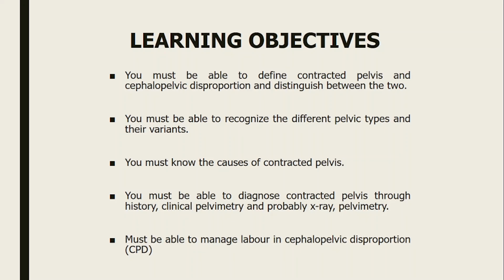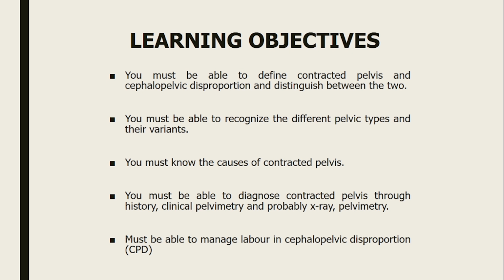Our learning outcomes for this lecture: at the end, you must be able to define contracted pelvis and cephalopelvic disproportion and distinguish between the two. Secondly, you must be able to recognize the different pelvic types and their variants.